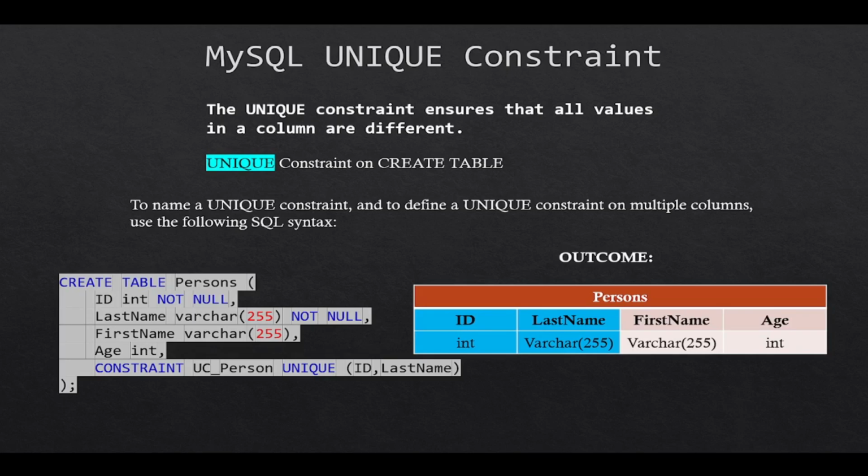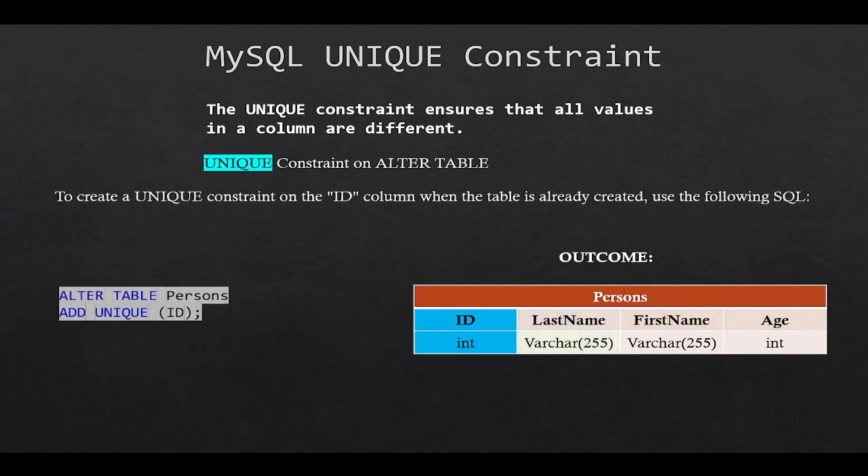And the highlighted part creates a constraint named UC_person and applies the unique constraint to the combination of the ID and the last name. So the unique constraint ensures that no two rows in the table have the same combination of values in both of these columns.